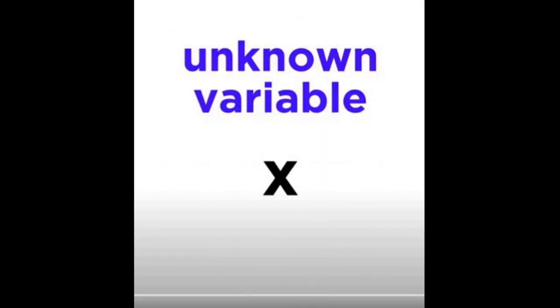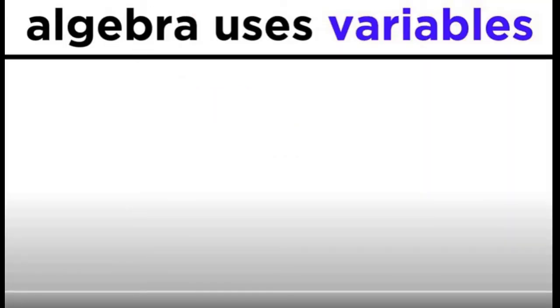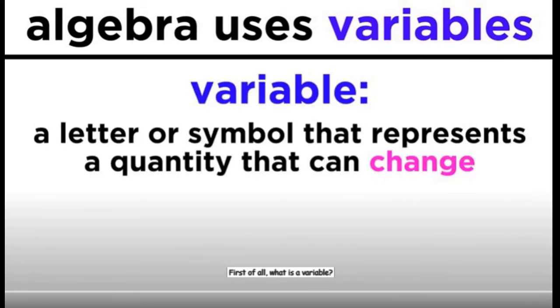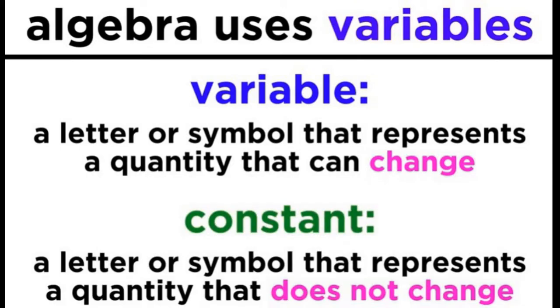Let's start out by discussing that algebraic essential, the unknown variable. In math, a variable is a letter symbol that represents a quantity that can change.